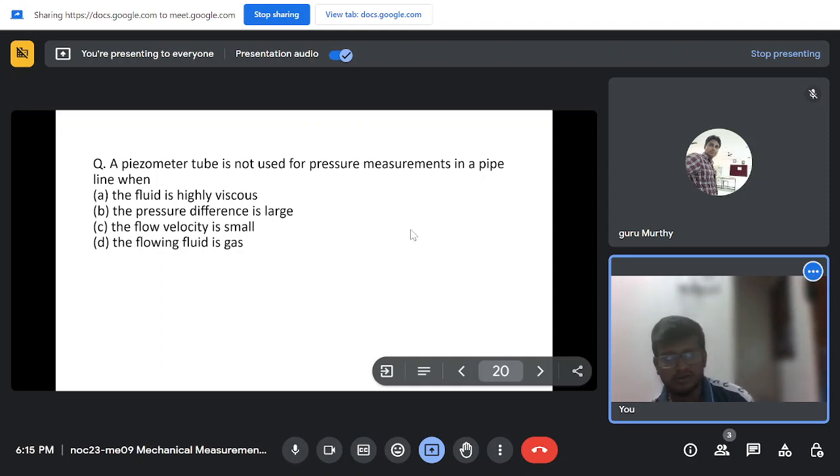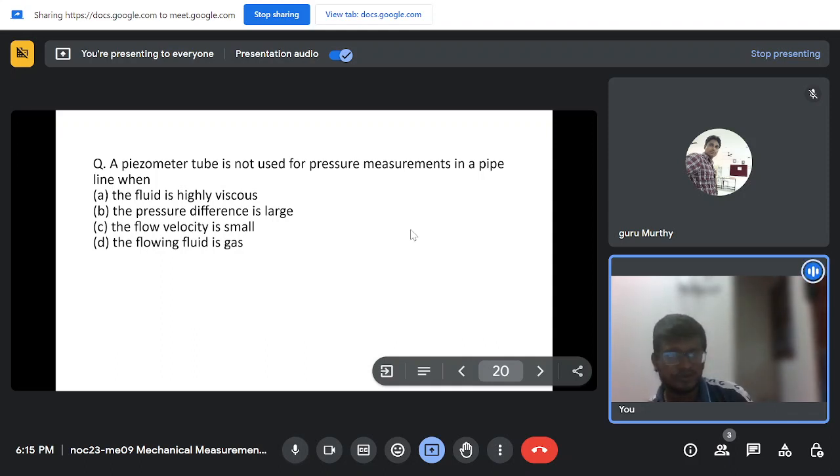So you have a pipe, you want to make a pressure measurement. You put a piezometric crystal, which is connected in the tube, and because of the pressure, it will get compressed or elongated, which will generate voltage. That you measure to get the pressure.